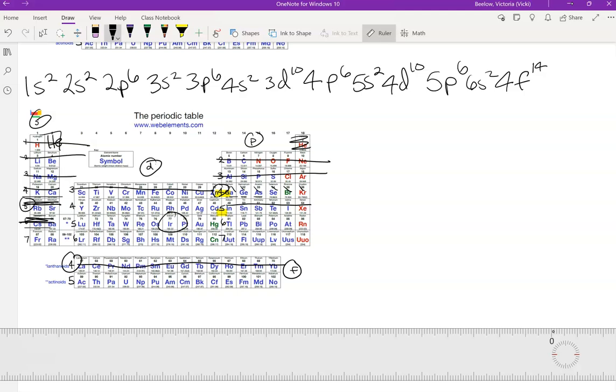And then I'm going to continue. So then I would end with 5d, 1, 2, 3, 4, 5, 6, 7. And this would be the full electron configuration for iridium.